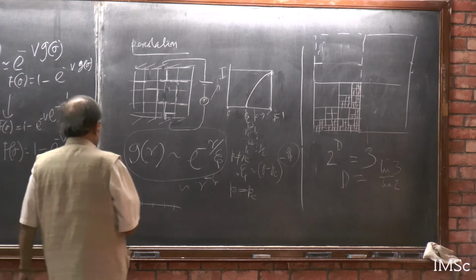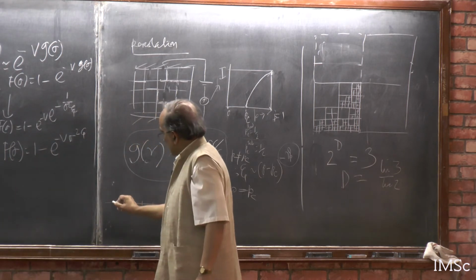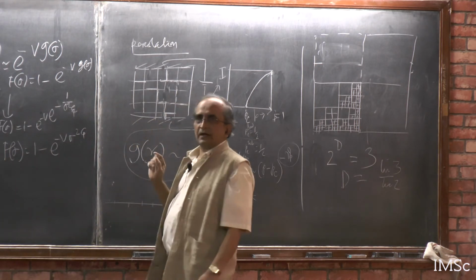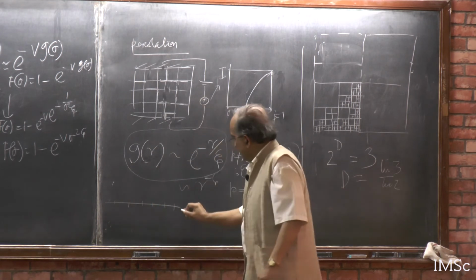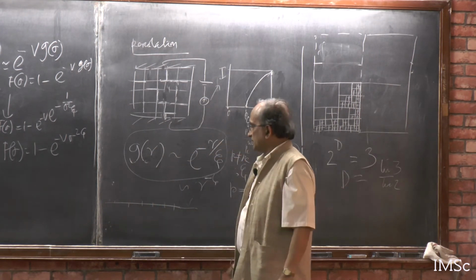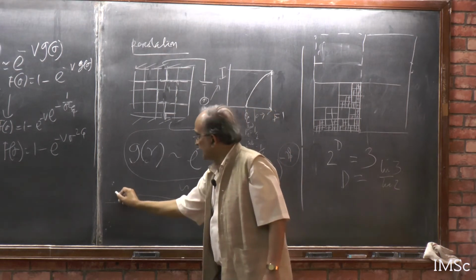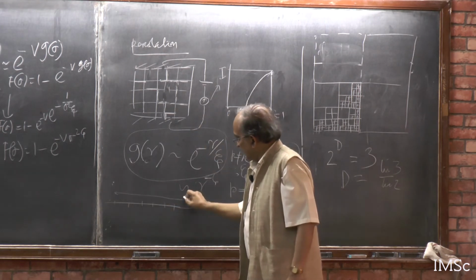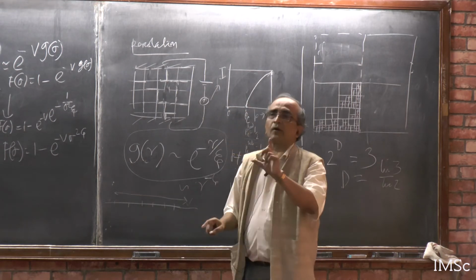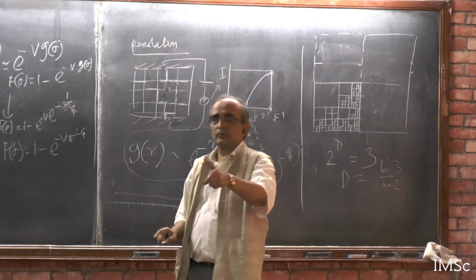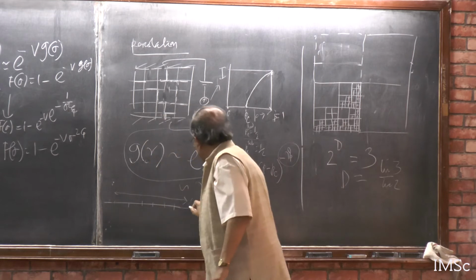What is the probability that I consider a bond or site here and a site here at a distance r? This is the GR. At a distance r, they are members of the same connected cluster. So this one is occupied and this one is occupied.